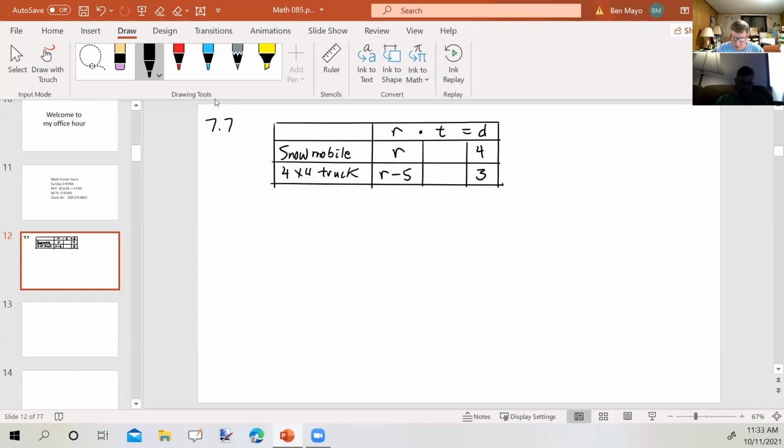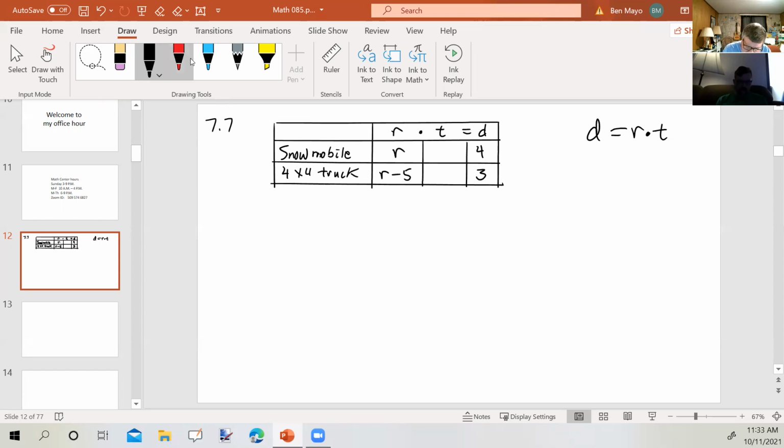Okay, so what we're going to look at here in this table has to do with the following formula. Distance equals rate times time. So if you know the rate at which you're traveling, say 40 miles an hour, and you know the time, say 1 hour, you could calculate the distance you'd travel. The rate of 40 miles an hour times the time of 1 hour, you'd travel 40 miles, right?